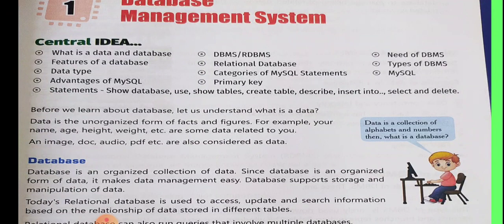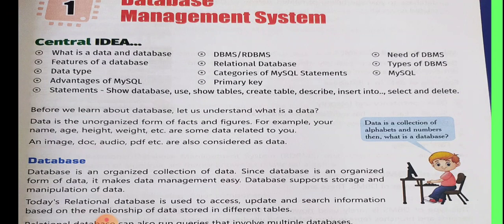A database is the collection of data, or we can say that a database is an organized form of data. For making a database we use a database management system, or DBMS.